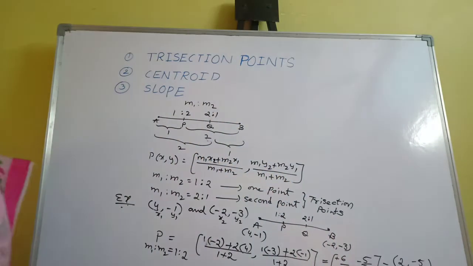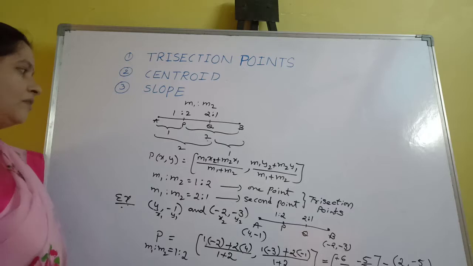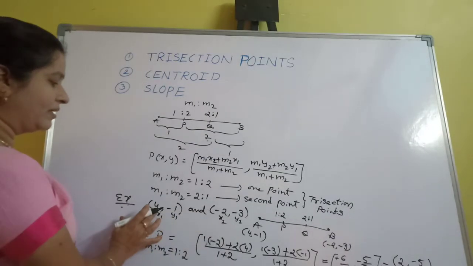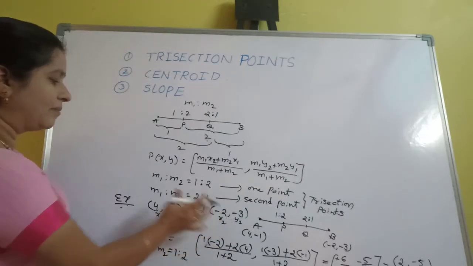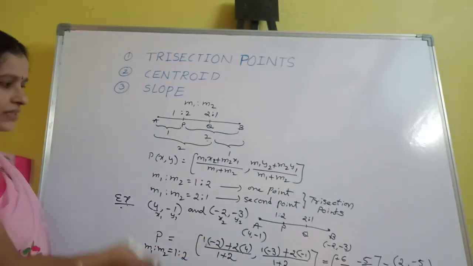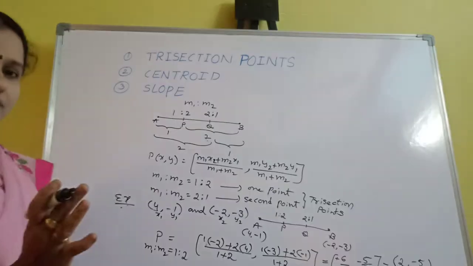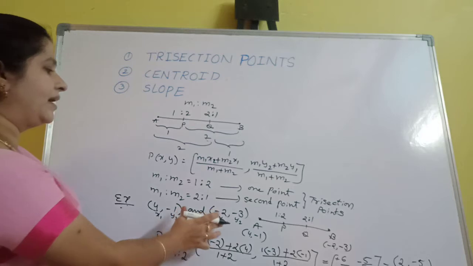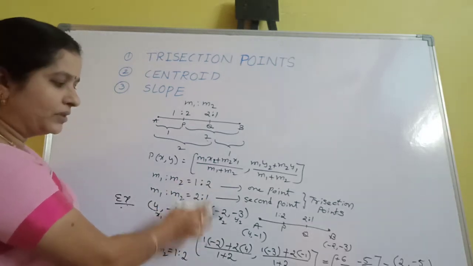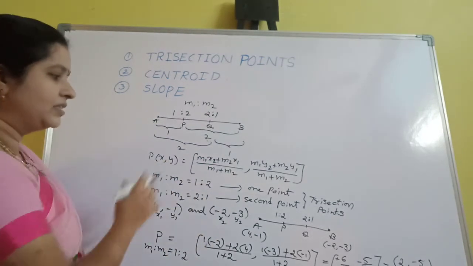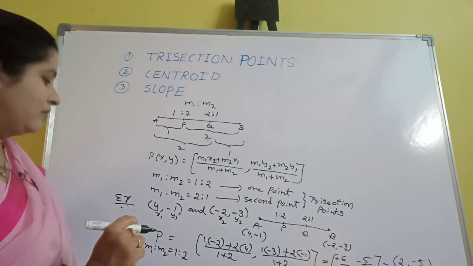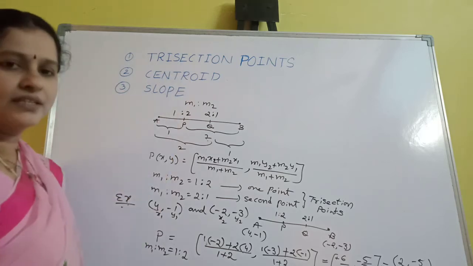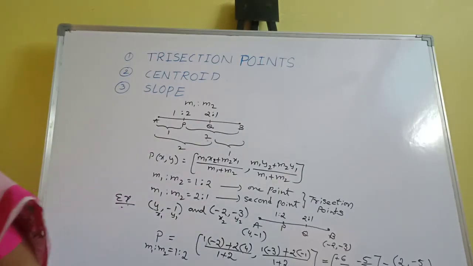So these two are called the trisection points, the coordinates of the trisection points of the line joining the points A and B. So this is the process. First take 1:2 ratio and find the first point. Again take 2:1 ratio and simplify using the section formula. You get the Q point also. So this is the process to find the trisection points. It is a very important question.